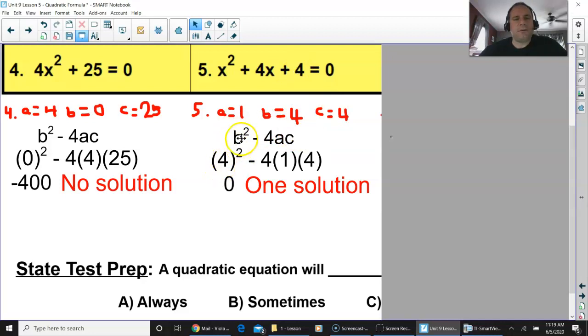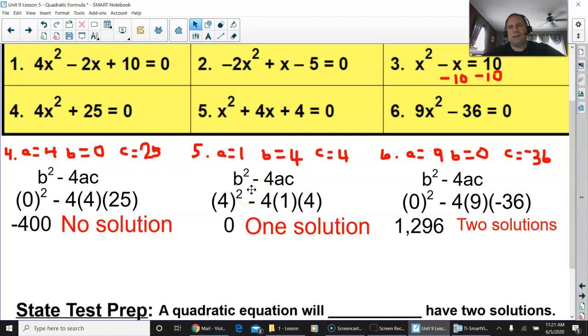You have 4 squared for B, minus 4 times A, which is 1, times 4, which is C. Put this into the calculator, you get 0. That is one solution. When it's equal to 0, it's one solution. Go ahead and try number 6 on your own. Press pause now.